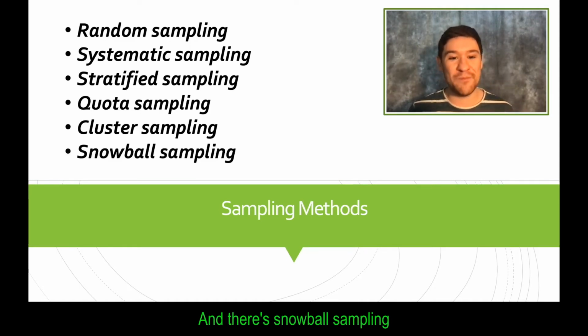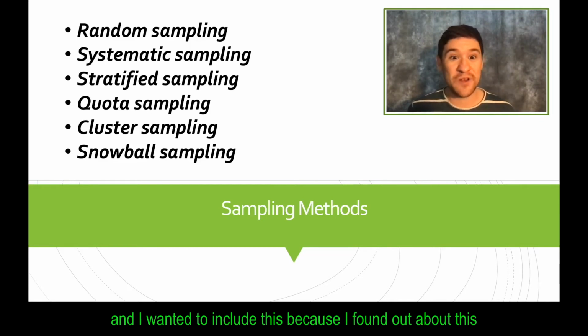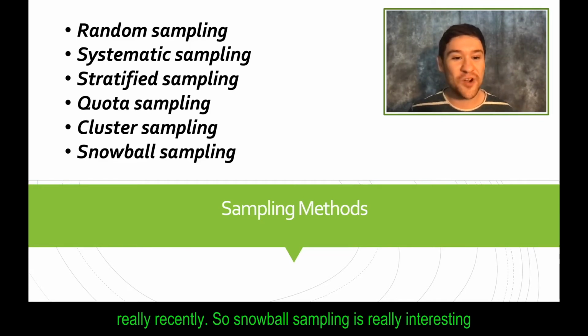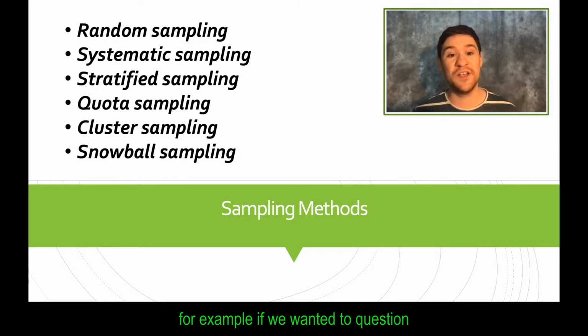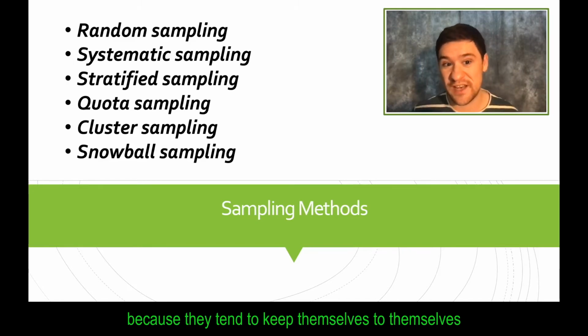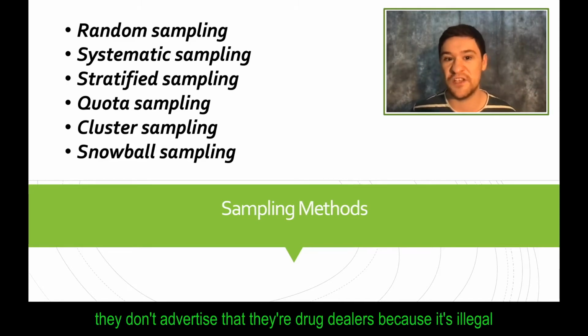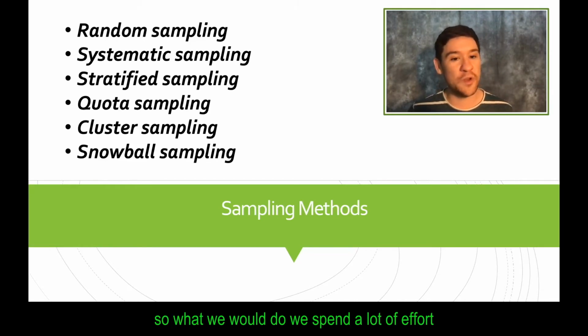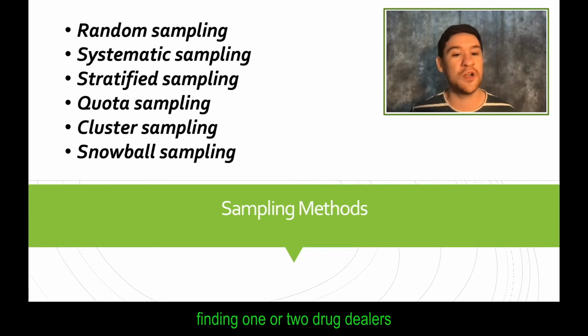And there's snowball sampling, and I wanted to include this because I found out about this really recently. Snowball sampling is really interesting. For example, if we wanted to question drug dealers on things. Well, drug dealers are really hard to come by because they tend to keep themselves to themselves. They don't advertise that they're drug dealers because it's illegal. So what we would do, we'd spend a lot of effort finding 1 or 2 drug dealers.